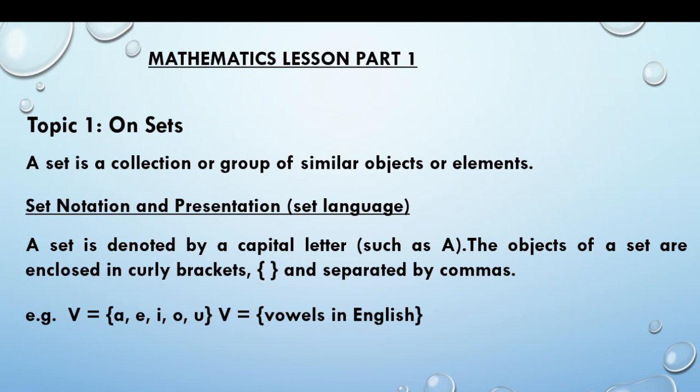So this set can be read as the set V containing elements A, E, I, O, U. And actually, if you look closely at this set, we can also say set V is a set of vowels in English.